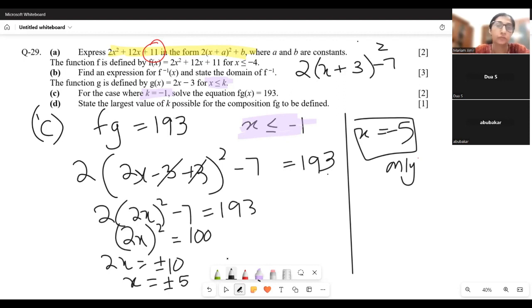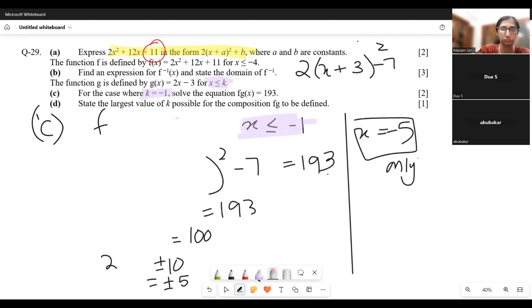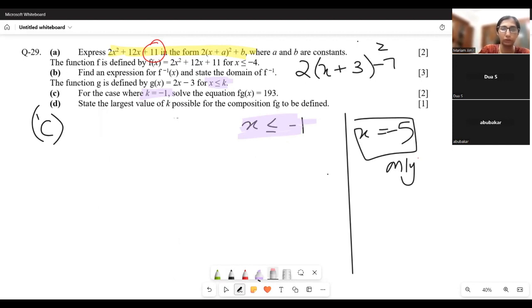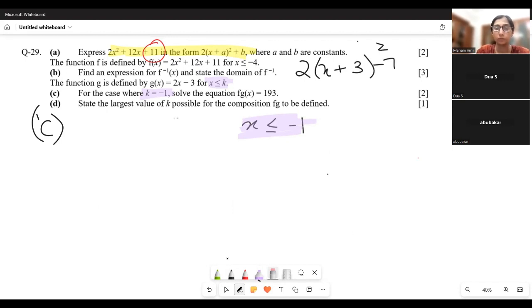State the largest value of k for which the composition fg is possible. Okay, again, same story. When is the composition fg possible?